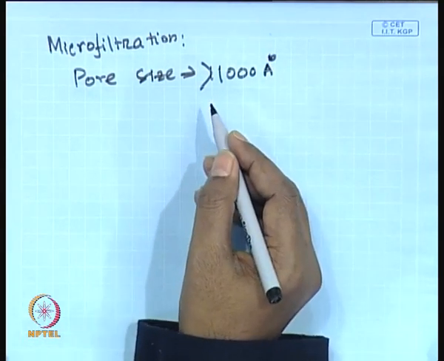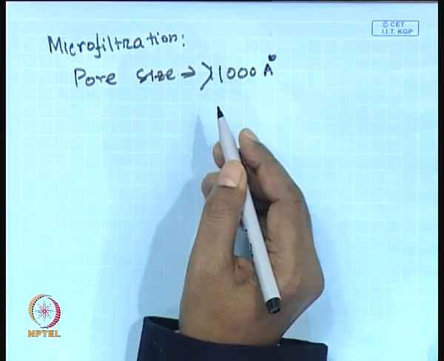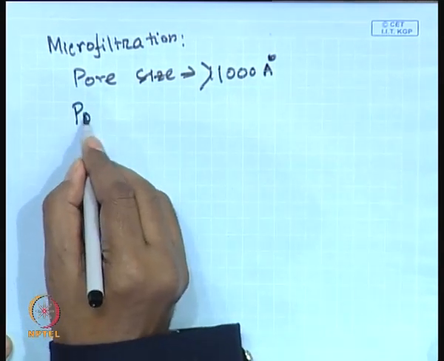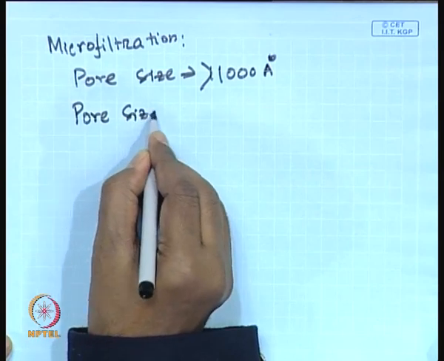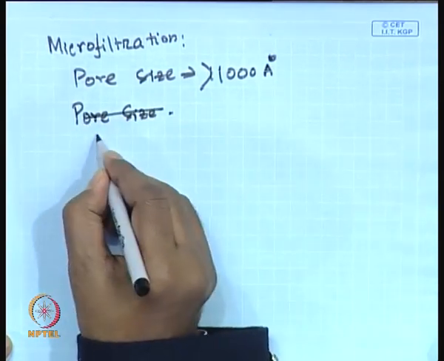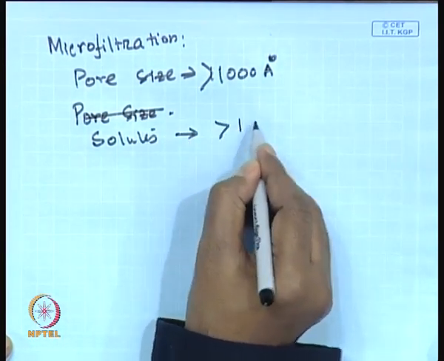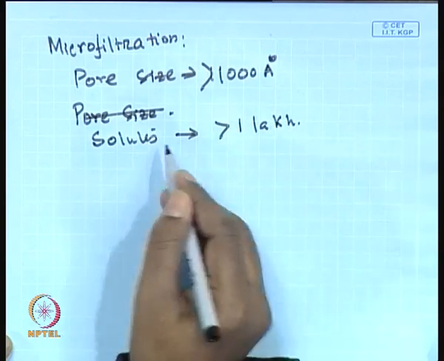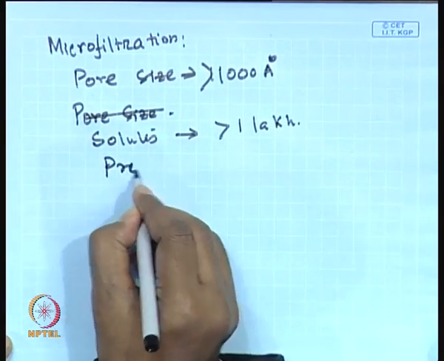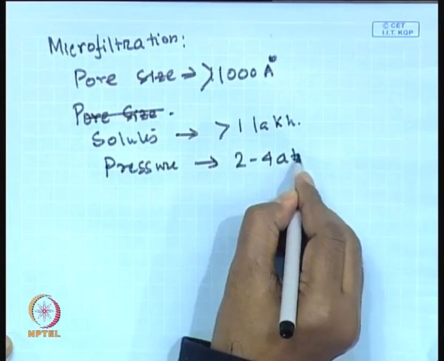Okay, 0.1 micron, 0.2 micron, 1 micron, 2 micron, like that. The molecular weight of solutes to be separated is greater than 1 lakh, 10 to the power 5. And the pressure requirement is lower, it is 2 to 4 atmosphere.